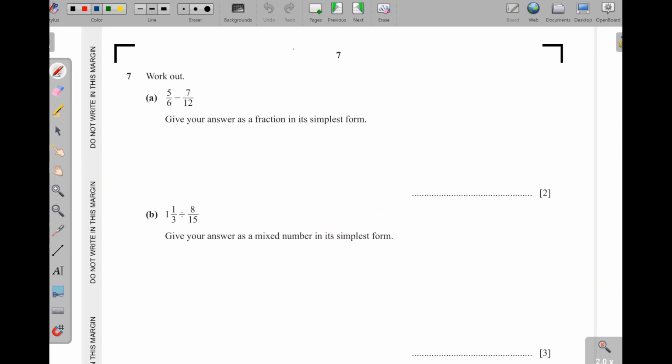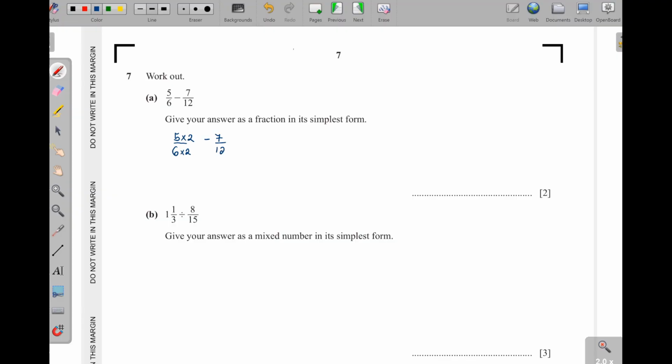Question 7 is coming from fractions. They are saying work out part A, 5 over 6 minus 7 over 12. Give your answer as a fraction in its simplest form. Now what I can do is to look for the same denominator. So 6 can be turned to a 12. I just multiply this by 2. So what I do down is what I do up. It's like I've done nothing because the operation can cancel out, right?